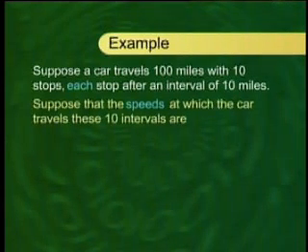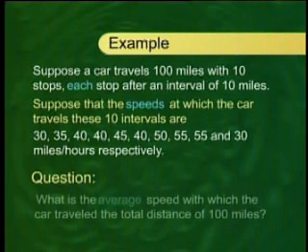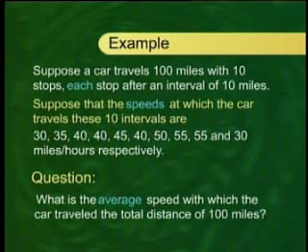Suppose that the speeds at which the car travels these 10 intervals are 30, 35, 40, 40, 45, 40, 50, 55, 55, and 30 miles per hour, respectively. The question is, what is the average speed with which the car traveled the total distance of 100 miles?